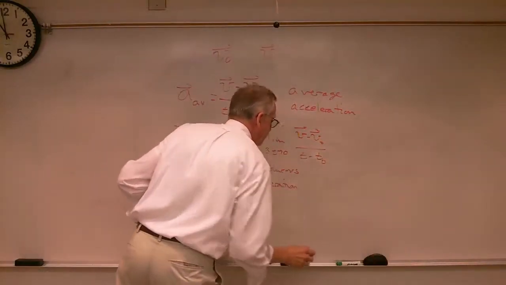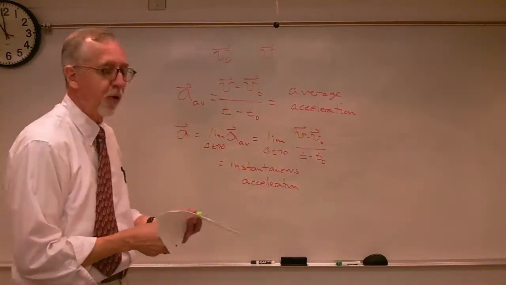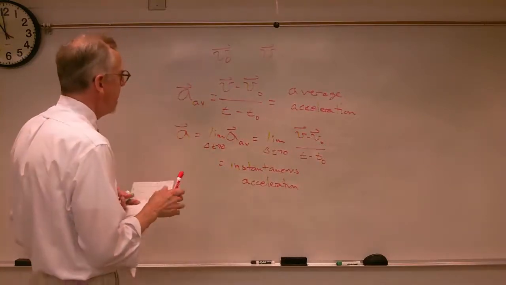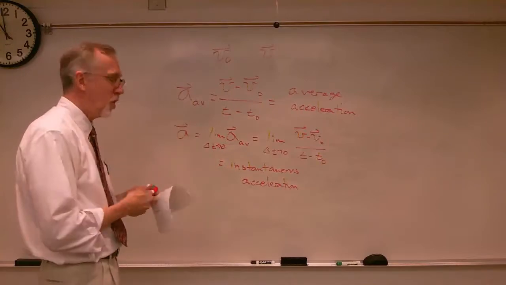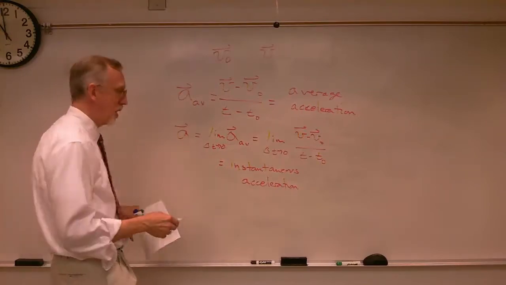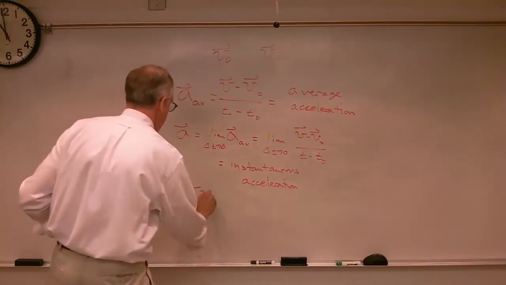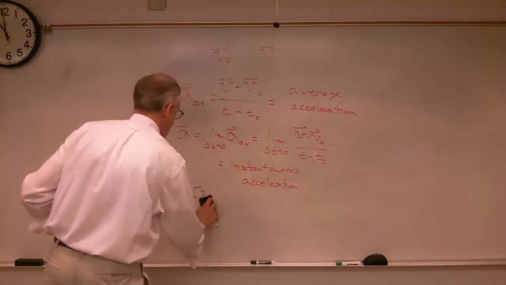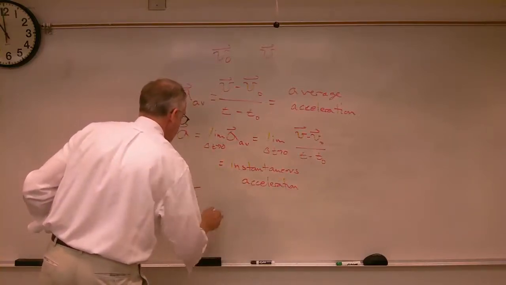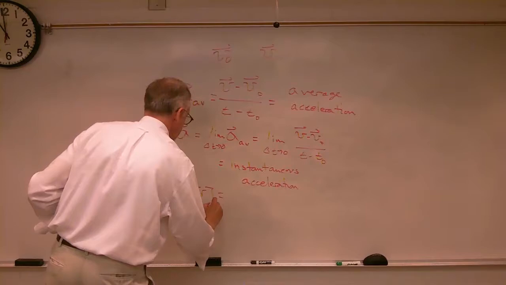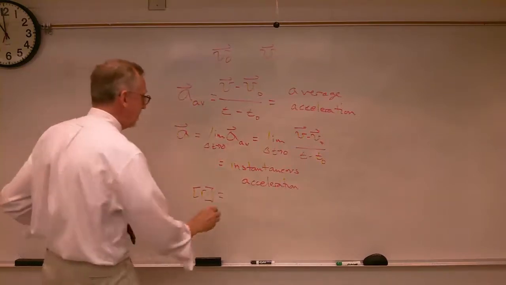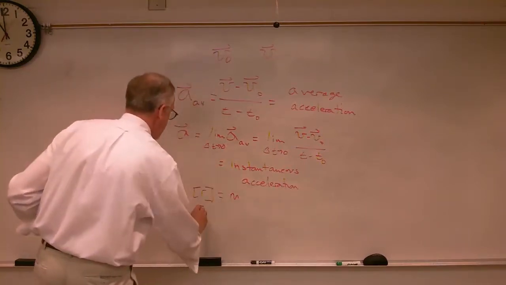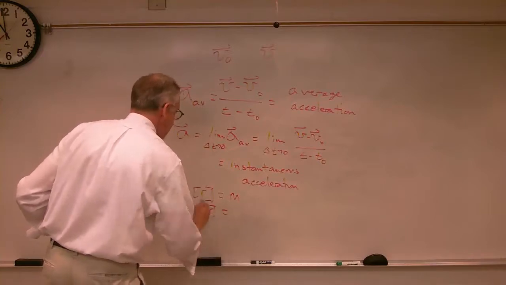Oh, before I erase this, what are the units going to be for acceleration? Now, typically, whenever I want to talk about the units of a quantity, I will put that quantity in square brackets. So, let's say R. What are the units of position? The units of position we've already seen are meters. What are the units of velocity?